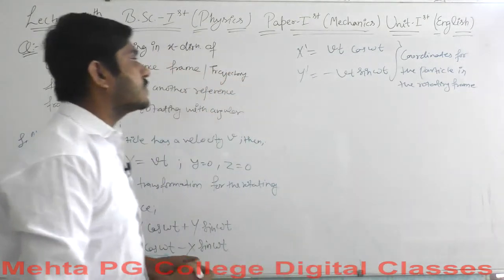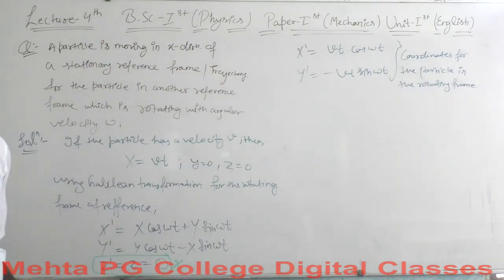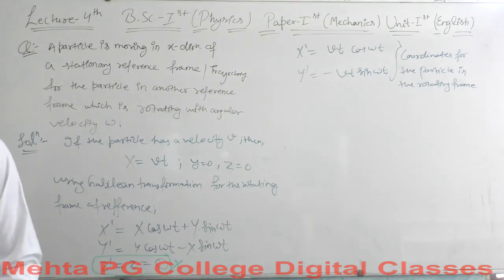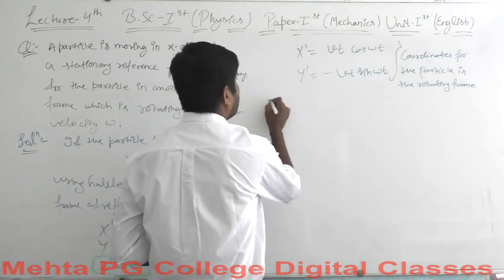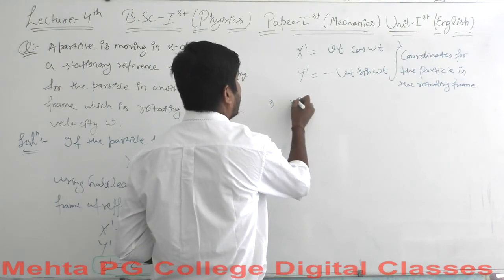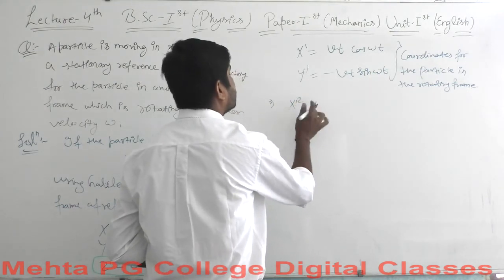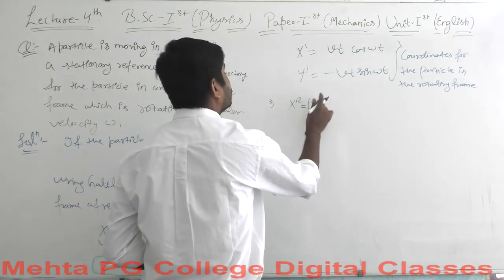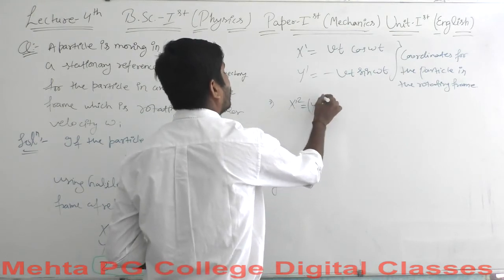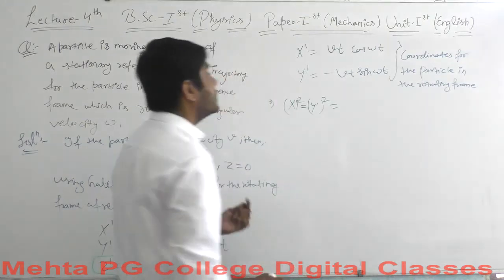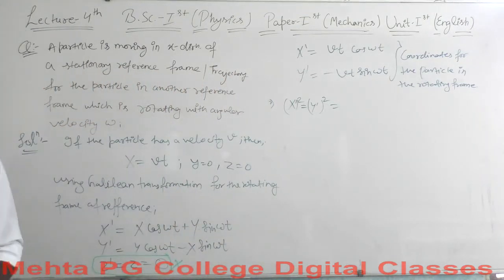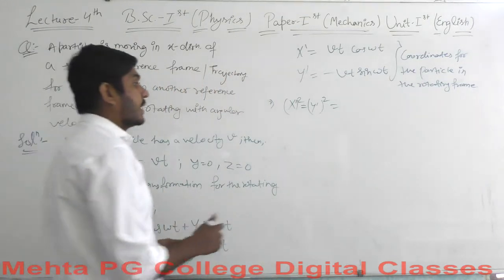By now we will eliminate t for our reference. Eliminating t, we will have x' square plus y' square equal to Vt square.